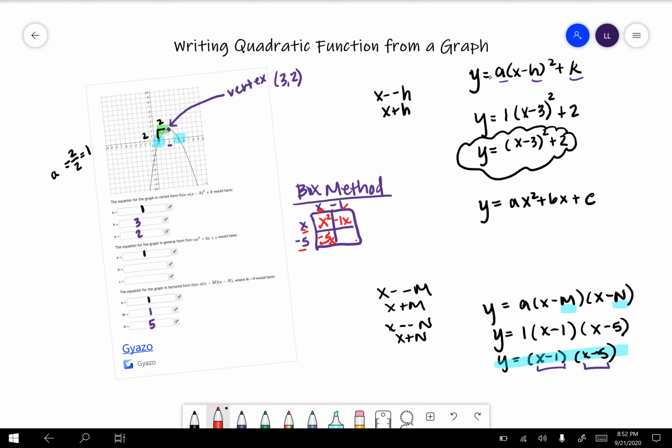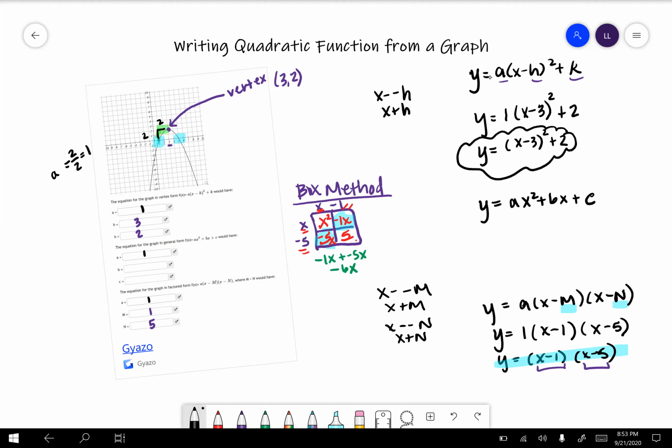And in this box, I multiply negative 5 and negative 1, which gives me a positive 5. Now I'm ready to combine my like terms. My like terms are negative 1x and negative 5x. When I combine them, that means to add, so negative 1x plus negative 5x gives me negative 6x.